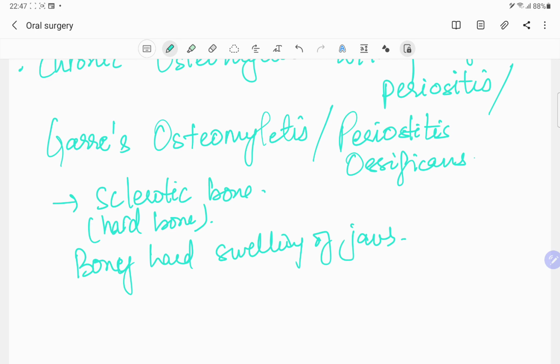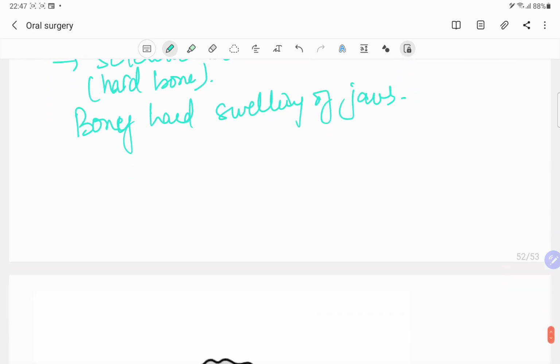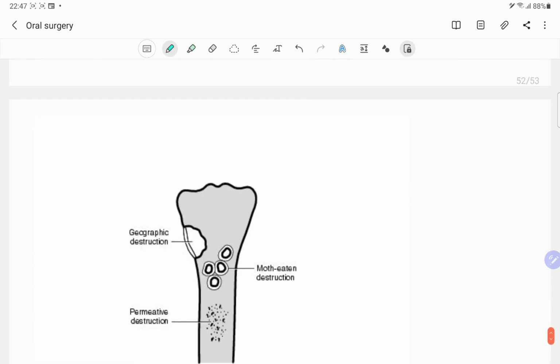Especially this Garre's osteomyelitis we find in children because the periosteum is very loosely attached to the bone surface. So that is the reason that radiographically, if you see, you will find this dark and light band at the outer cortex.